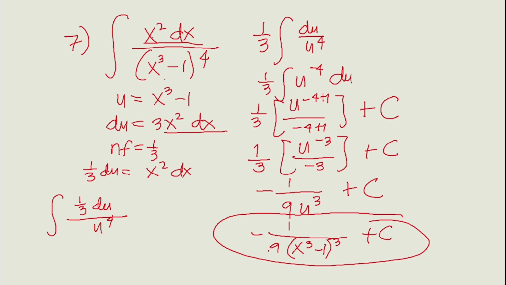Okay, so let's have the last part, which is number 8. We have the integral of dx over x ln squared x. So what is our u? Of course, this is ln x, because we cannot make use of ln squared x as u.